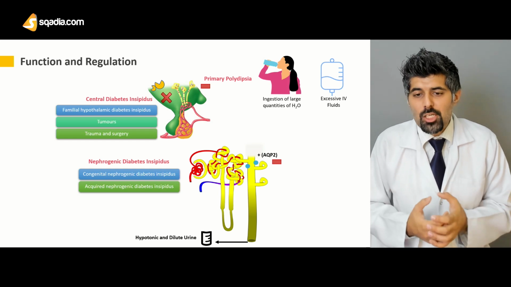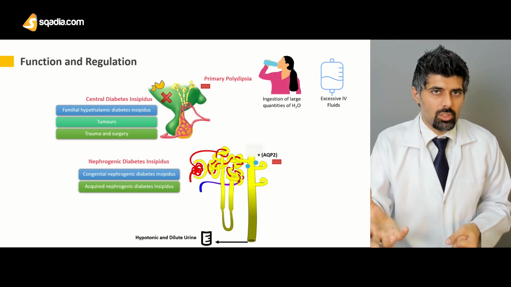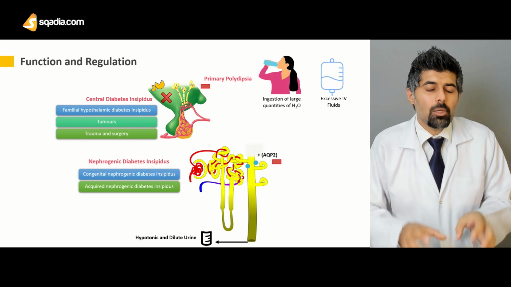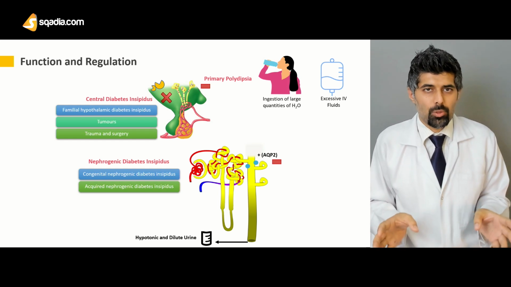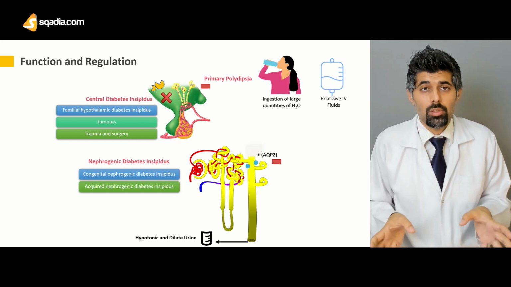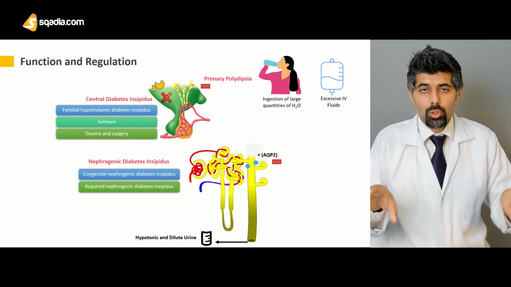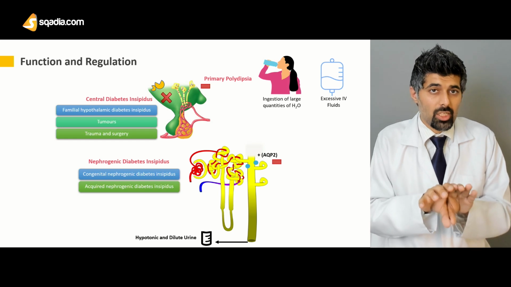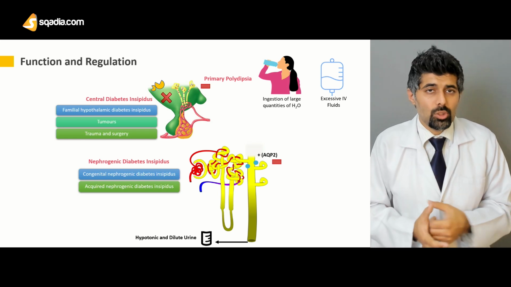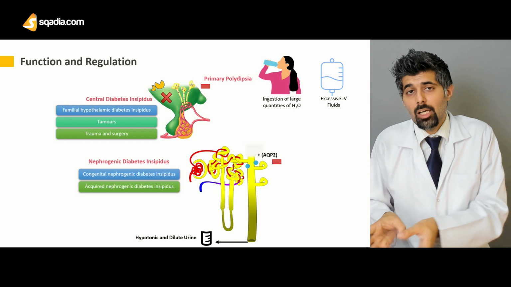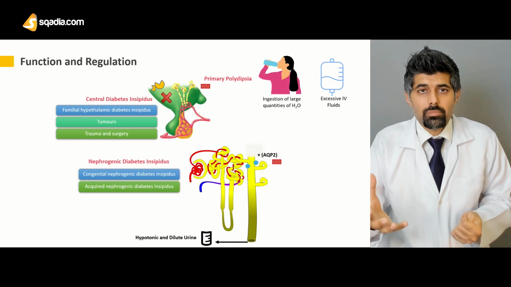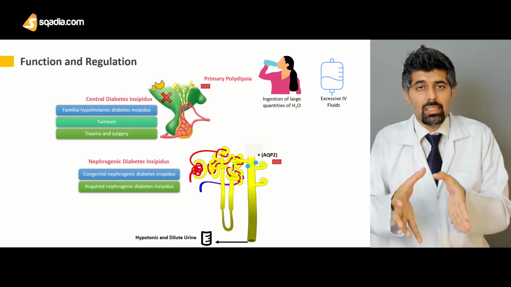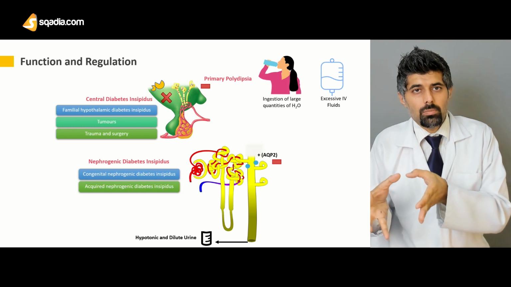Now, whenever a patient does this, because of the increased amount of water now circulating, the blood becomes diluted. Because the blood has been diluted, the osmoreceptors will detect the dilution and will give the signal to the ADH.